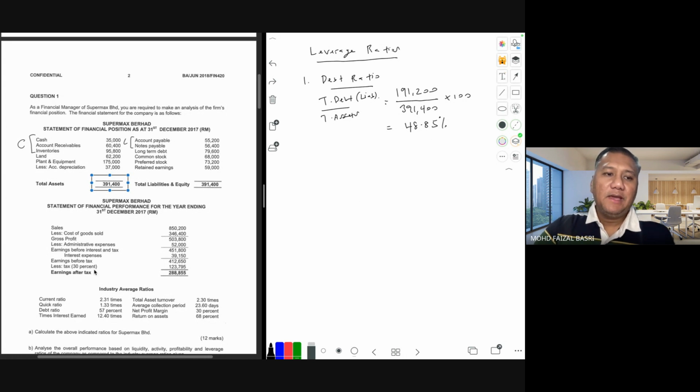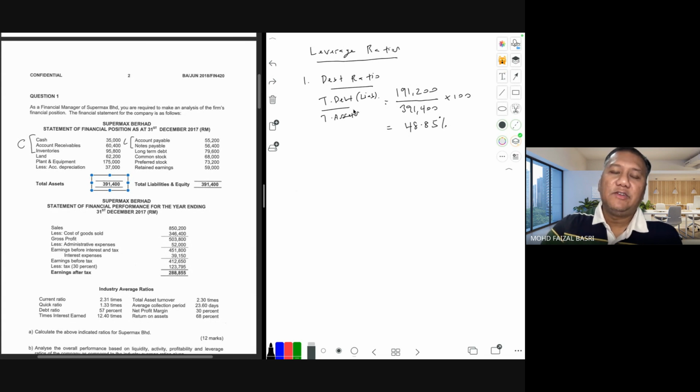Okay, can we compare? Yes, because the question kata that ratio of the industry average is 57%. Okay, 57. But for this Supermax Berhad, dia punya debt ratio is just 48.85%. Okay, so again, we need to have a comparative amount untuk buat analysis. So, and for this case, yes, we can compare.